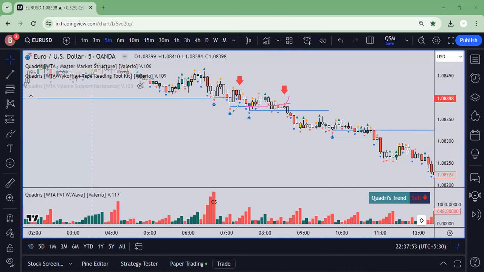testing this particular resistance. This support now got converted into resistance. So this is no demand, no supply, or near in this particular position, it is no demand, followed by supply is greater than demand. This is a perfect place to short.